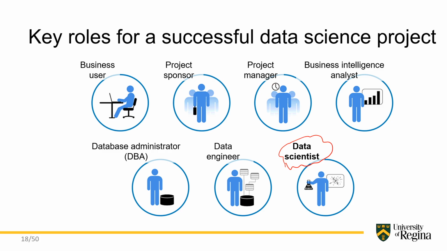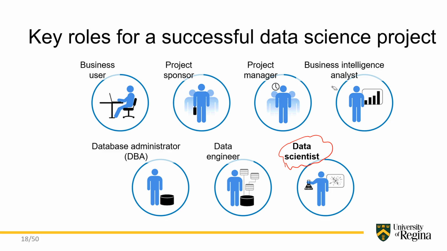There are some other people that are going to be involved in a data science project. When you go in a company, or if you have experience being in a company, you will see that a business intelligence analyst, a person who knows a lot about data and how to analyze it, is going to be there.